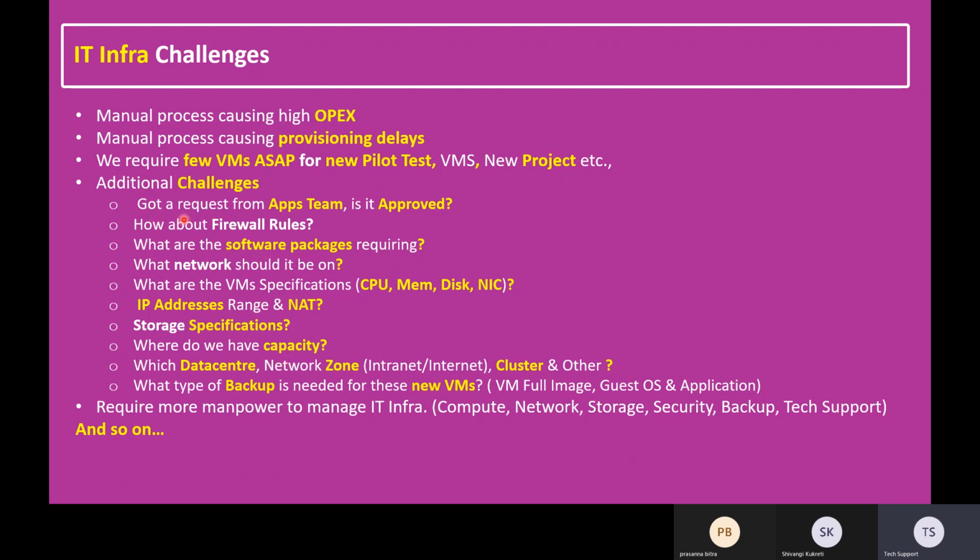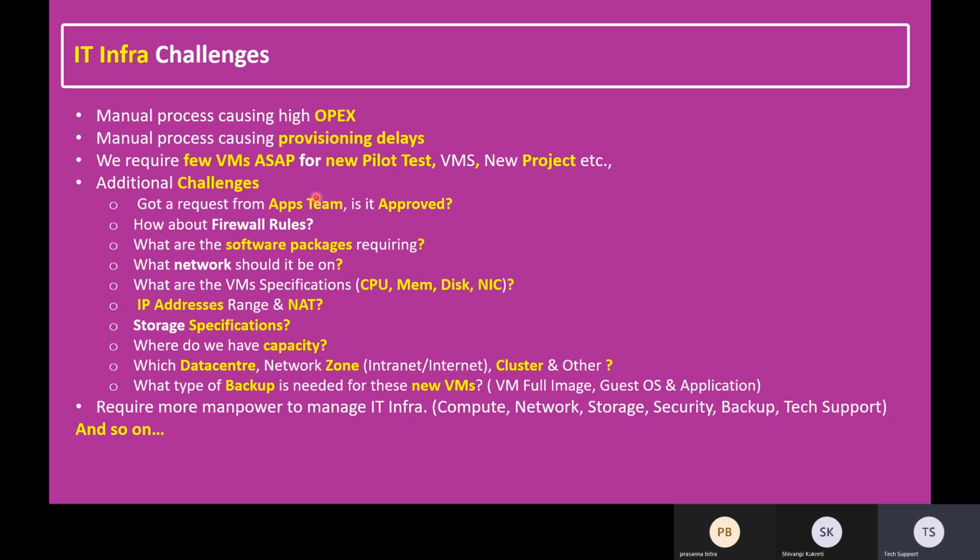The one challenge is we got a request from AppStream. Let's say AppStream requested to provision 10 virtual machines. As a VMware administrator, we know how to create 10 virtual machines using a template. But in the office environment, it's not our decision. Whenever any AppStream requests by email, or if they request a service request using a ServiceNow or Remedy ticketing tool, when they request 10 virtual machines, we are not authorized to create them immediately.